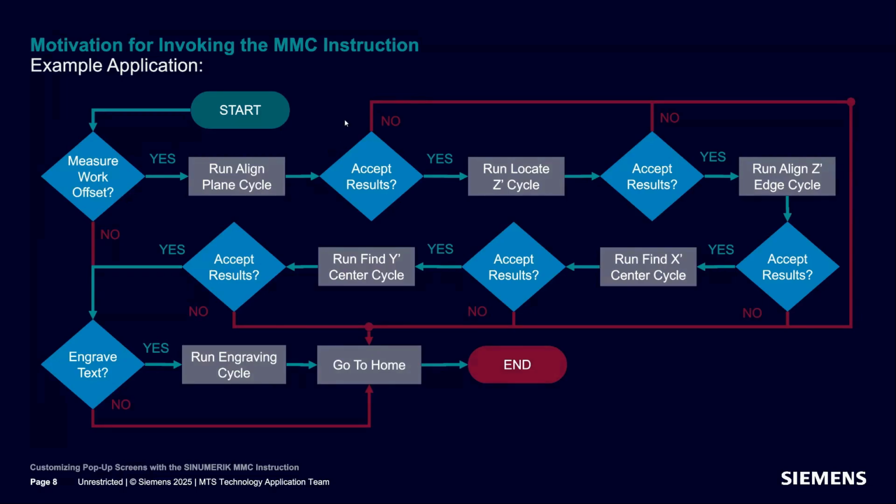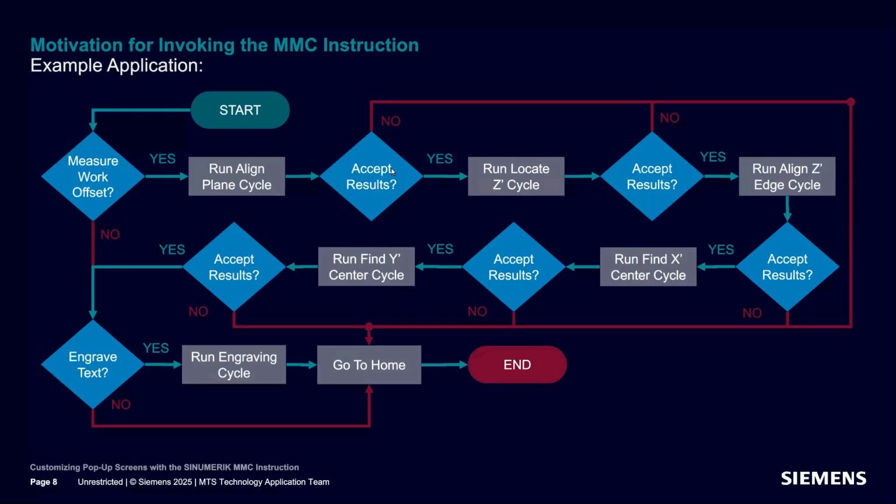And in this case, the red track is usually going to take us back to a spot in the part program that's going to send the machine home and then go to the end. So for example, at the beginning, we'll be prompted, do we want to measure the work offset or not? Well, if we have not qualified the work offset yet, then we're going to pick yes, and it'll automatically come in to run a plane aligned cycle. Then once the cycle is complete, we'll see the results and we'll either be able to accept them or reject them.